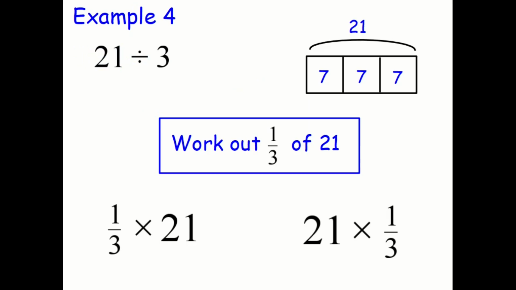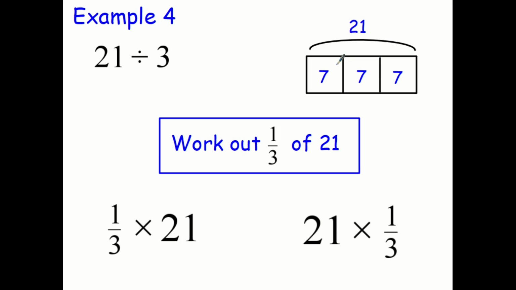Example 4. Now we've got work out 1/3 of 21. So, similar to the first couple of examples, we could think about it as 21 divided by 3. Thinking about it using a diagram, we've got the full bar being 21, but it's now split into 3 equal parts, so into thirds.